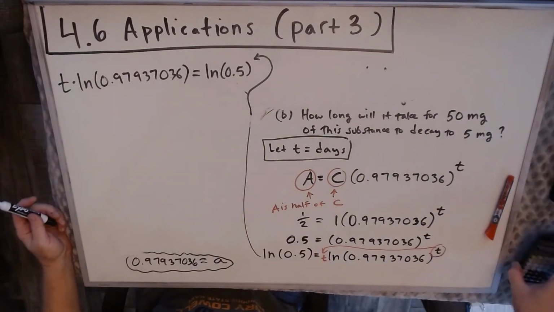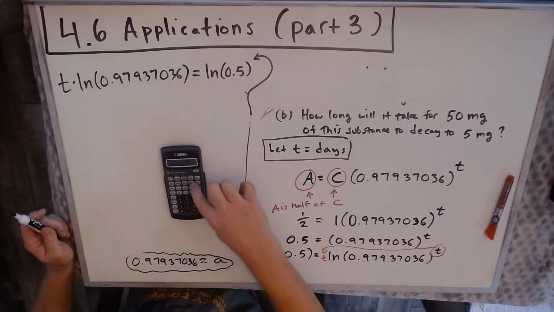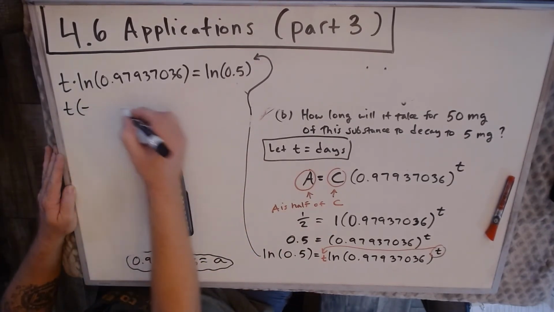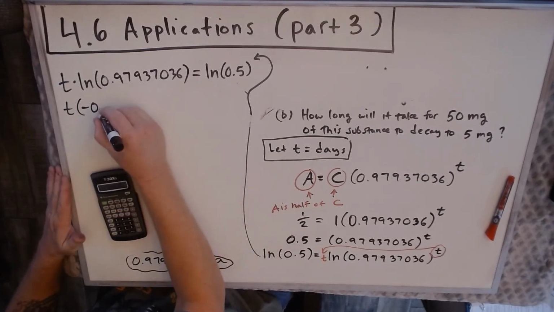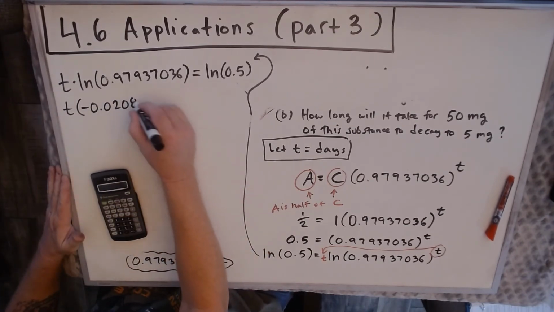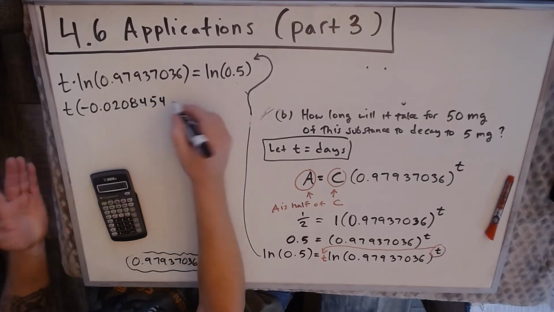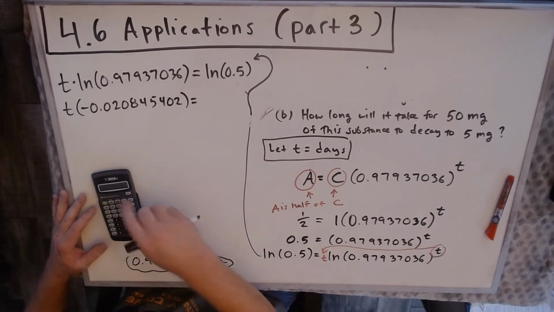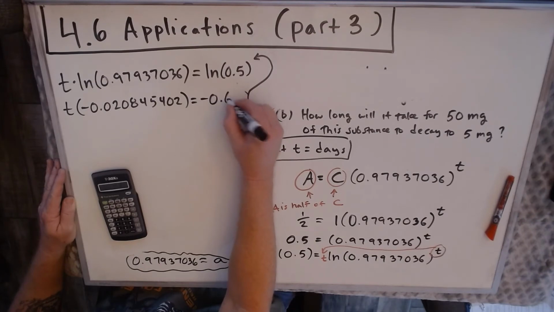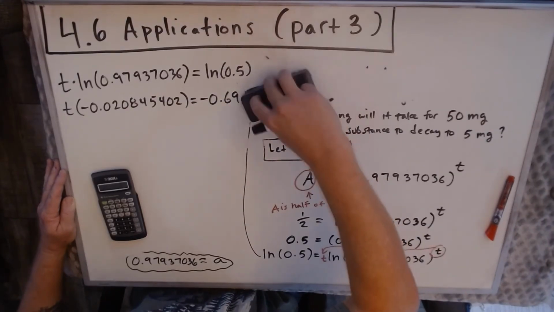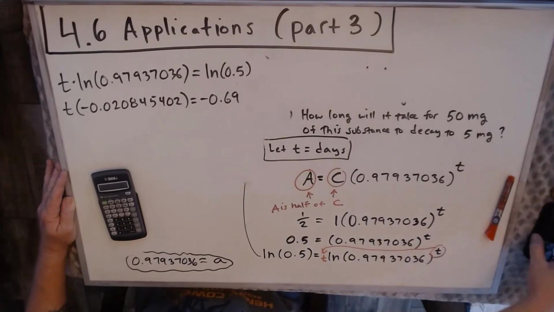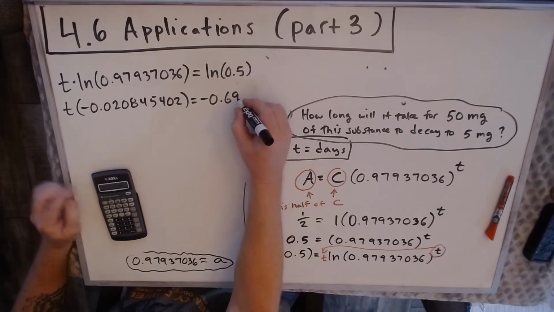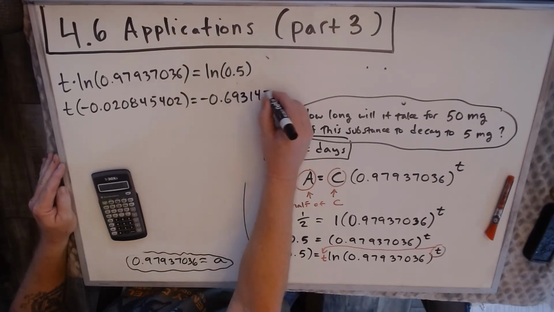Let's go ahead and use our calculator now. So we've got ln of 0.9793736 is negative 0.020845402. Might as well write it all down. And then ln of 0.5, you recognize this, it's negative 0.693147181.